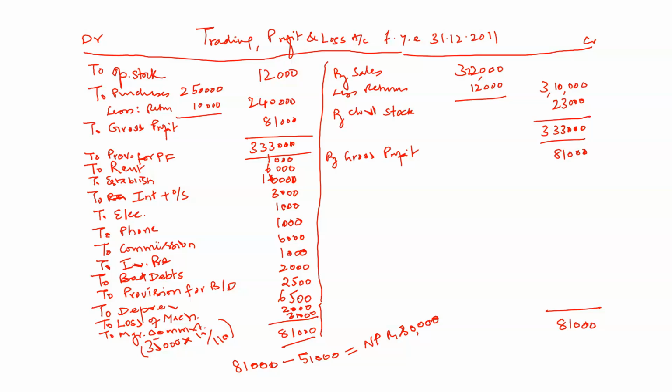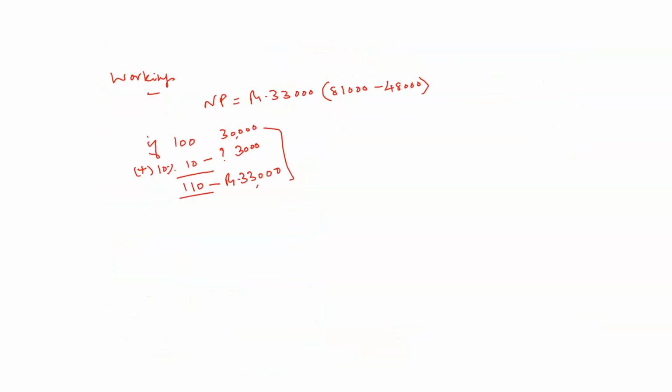So this 33,000 should be taken as inclusive of it. If net profit is 100, manager's commission is 10%.